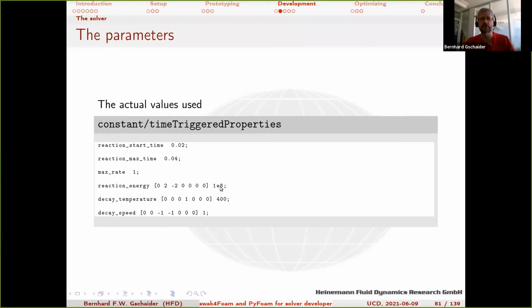The reaction rate is this, and the reaction energy is this, and the decay temperature, he says, okay, that's 400. That's a bit warm for warm rooms, because it's quite hard for a human to survive at these temperatures, but he wants to be sure that the solver really works.